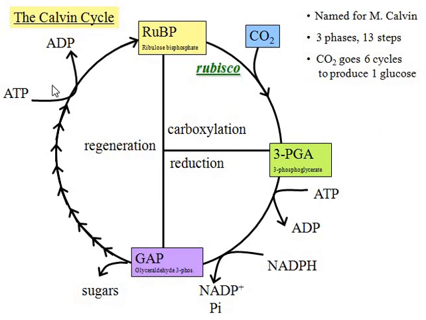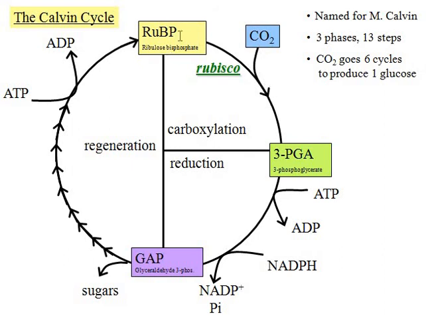Here we will discuss the process of the Calvin cycle. The cycle was named for M. Calvin, who discovered this cycle. Here you can see that ribulose bisphosphate is combining with carbon dioxide.